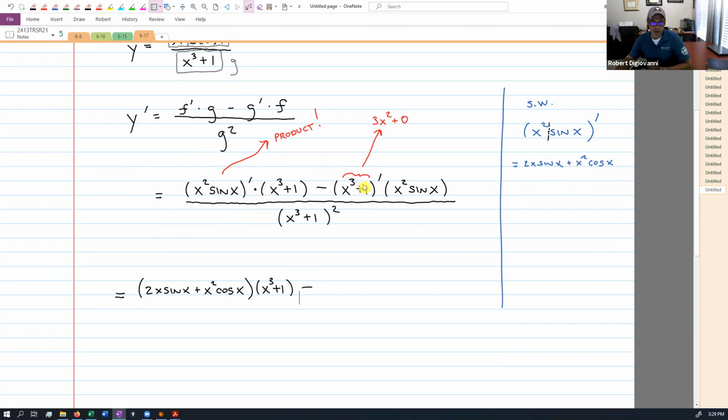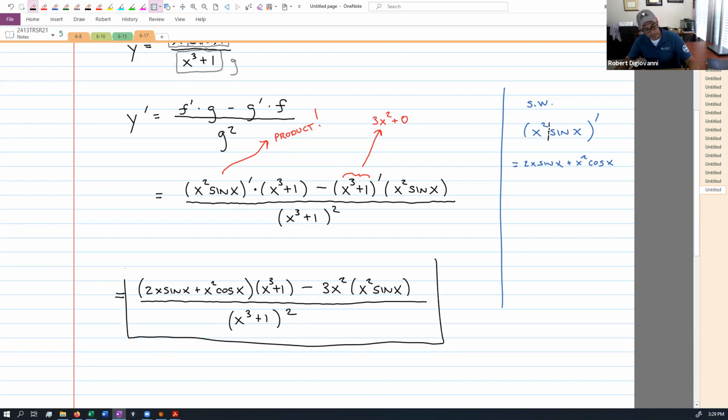Minus, now Brian and I went through this one right here kind of mentally and figured out that the derivative of that's just 3x squared. And then we still have times x squared sine x. And then the whole thing is divided by x cubed plus 1, everything squared. Oops, squared, not cubed. And that is your derivative.